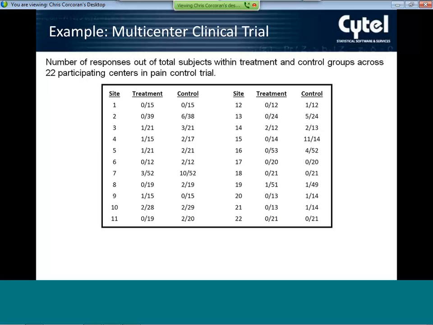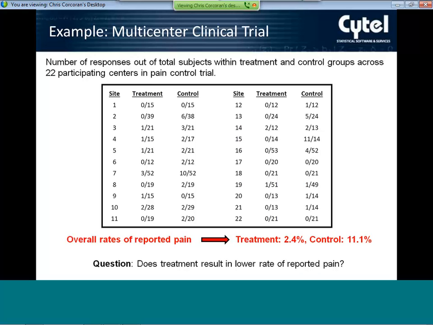Again, if we collapse over all of these sites, in the treatment group, 2.4% of all of the patients across all sites experienced pain, whereas about 11% among the controls did. And so again, the question is, is there evidence here that treatment actually leads to, or is associated with, lower pain rate?